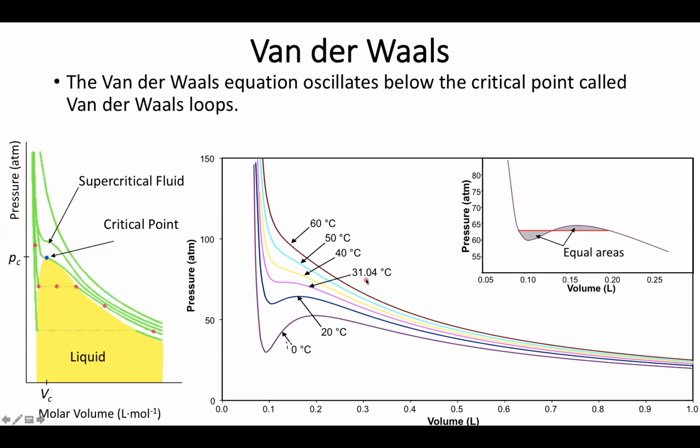And what we can see is, say, when I get below my critical point, so for CO2, this is 31.04. When I get below that, instead of seeing this flat line where my pressure stays relatively fixed, as my gas is now condensing into the liquid phase, instead what we see is something a little bit more awkward, as I expect my pressure to increase, and then I expect my pressure to decrease as my volume decreases.